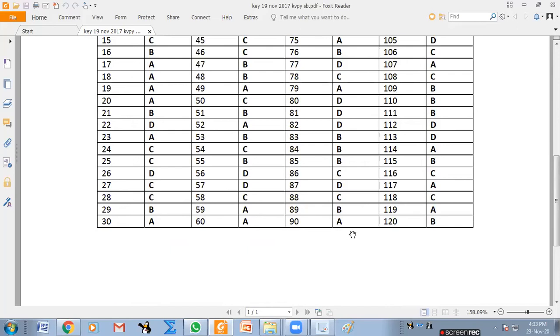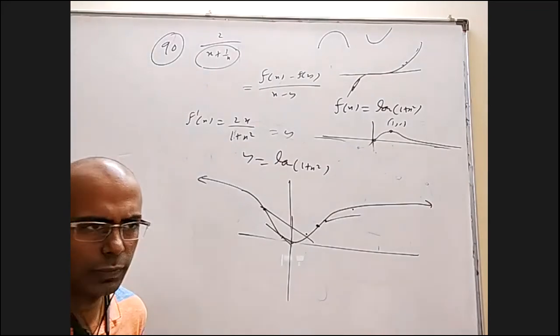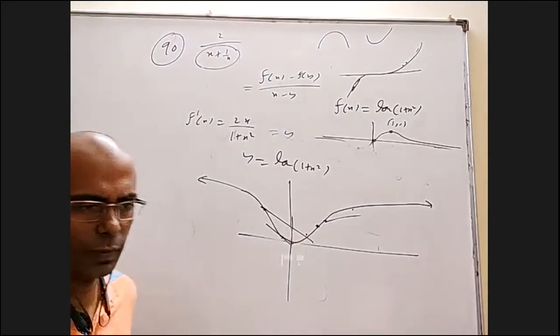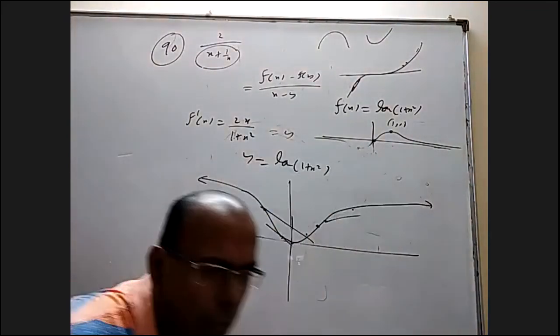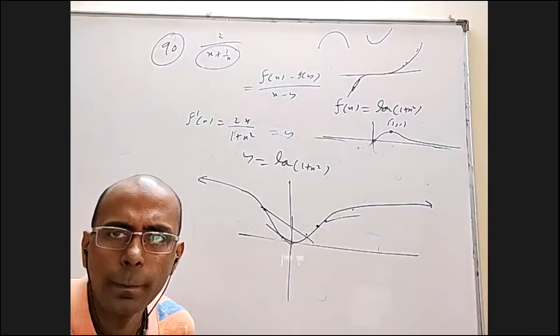But I want to check on that because that is a point of inflection and there cannot be any chord with that slope. I'll just confirm it, but there is a small problem there with the key. Key may be wrong. Is that okay, everybody?